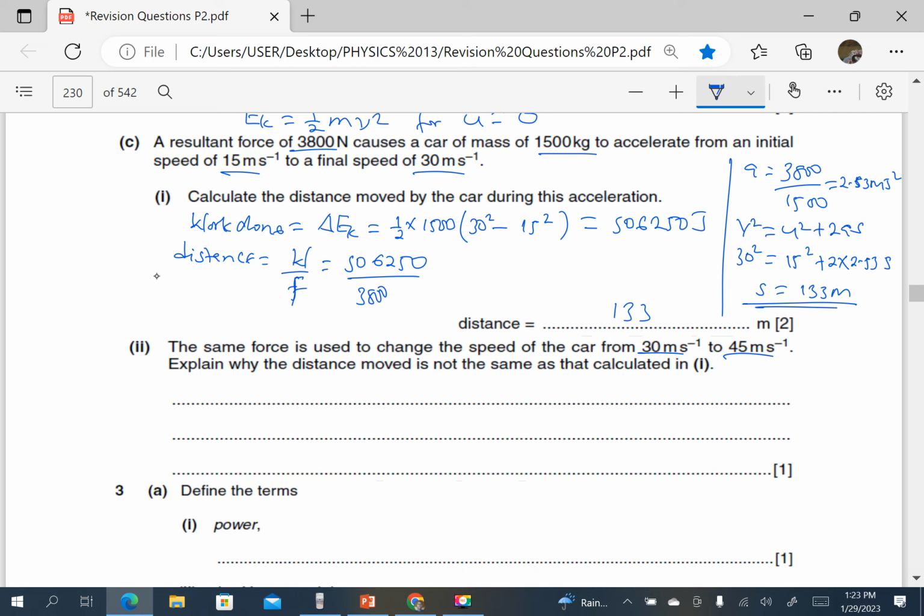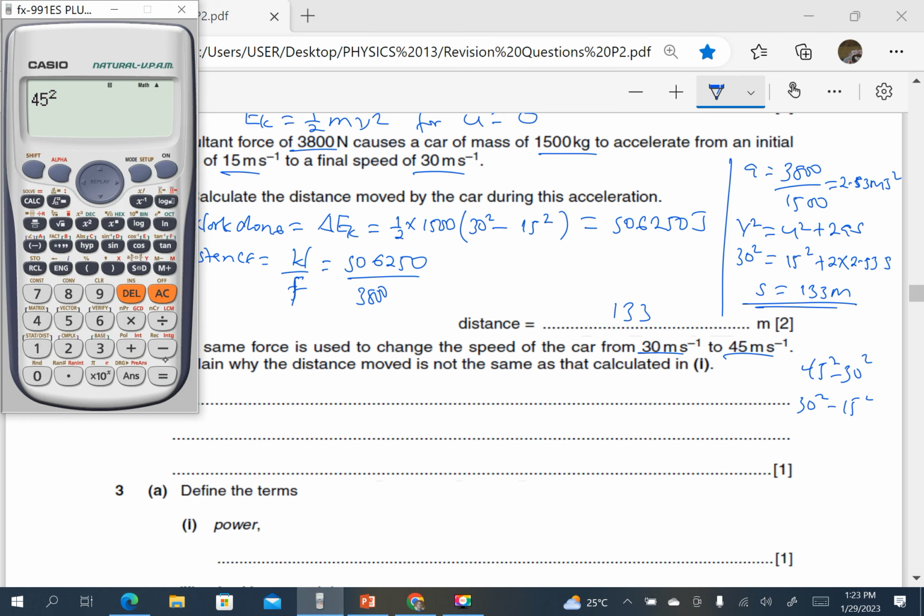Note that we don't find the change in kinetic energy by subtracting 45 minus 30 or 30 minus 15. It is 45 squared minus 30 squared. The other one was 30 squared minus 15 squared, and I don't think these are the same values. You can check.